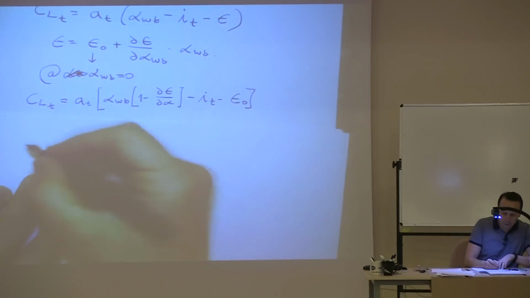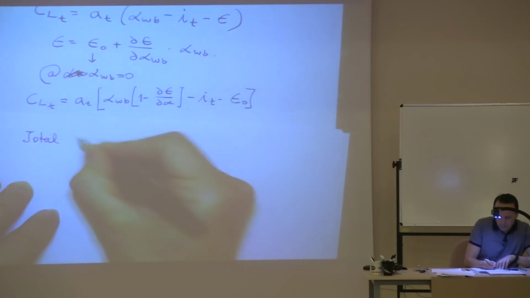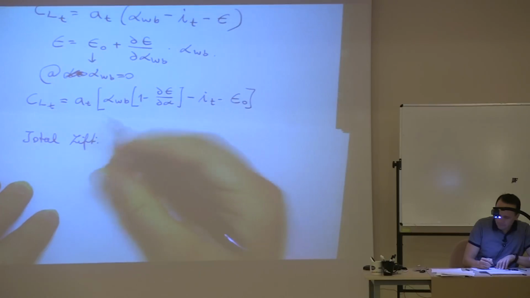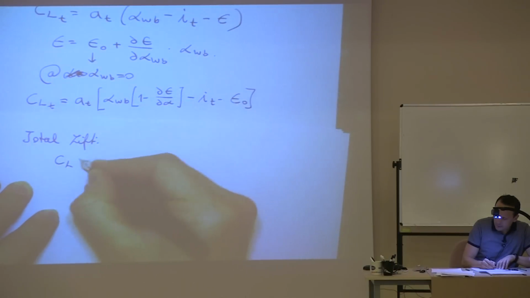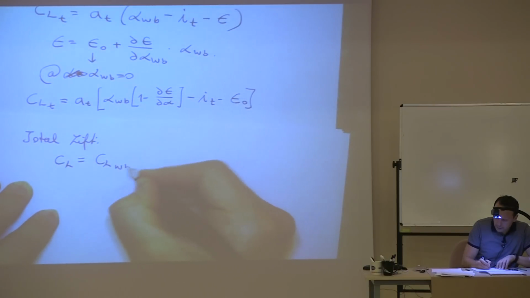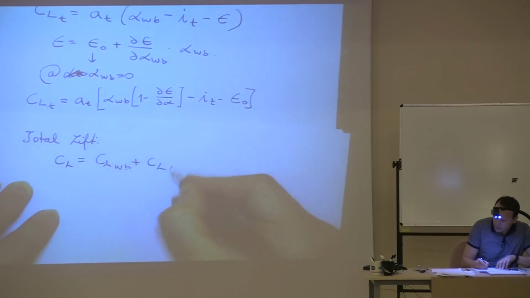And then the total lift will become CL equal to CL wing body plus CL tail.